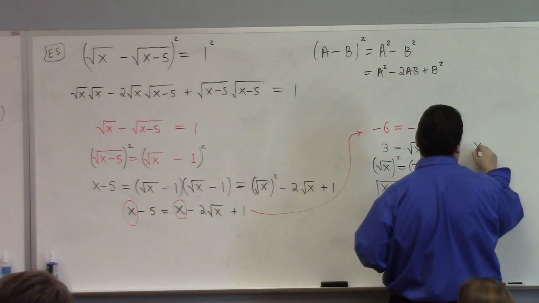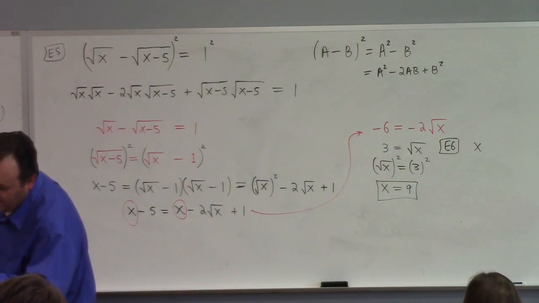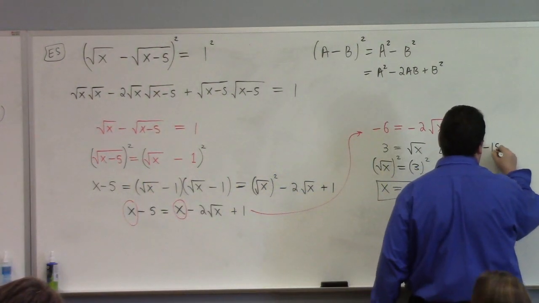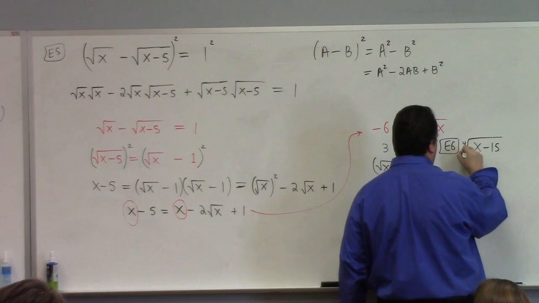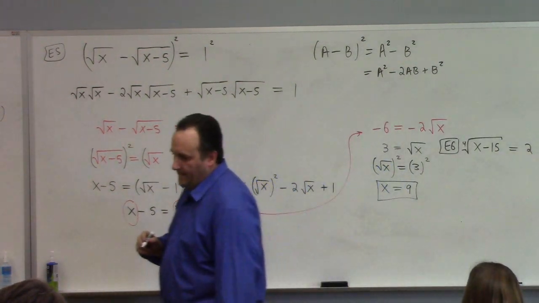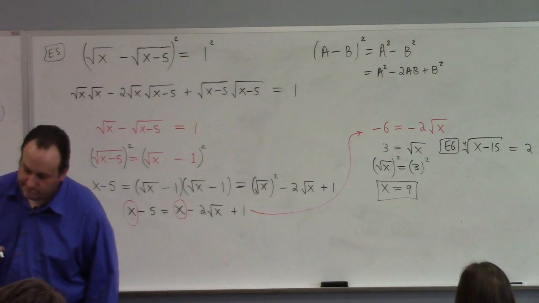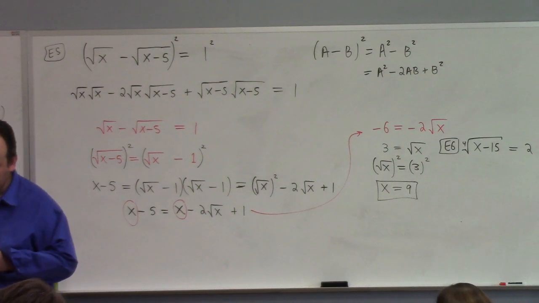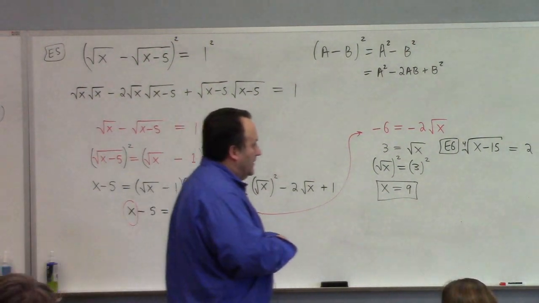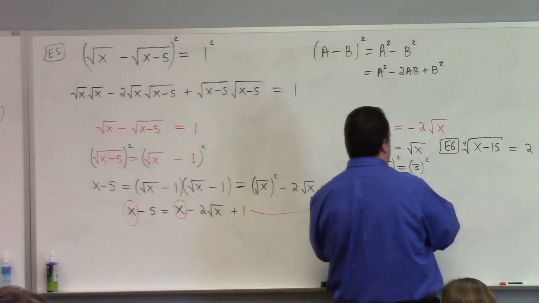Here we have x minus 15, the fourth root of that equals, I think, 2. How do you solve that?